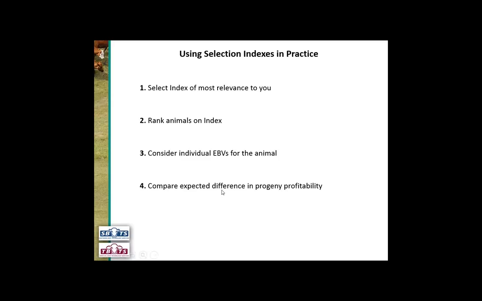And then having done all that, you compare the expected difference in progeny profitability, and that's what an index does. It's predicting the difference in the profitability of the progeny of that particular animal per cow joint mated.